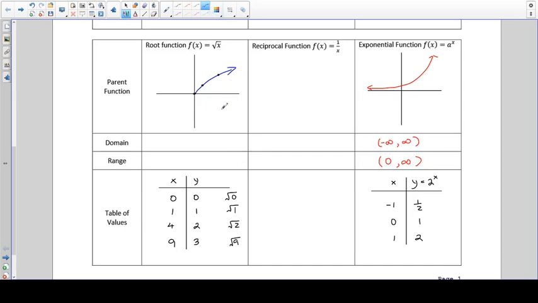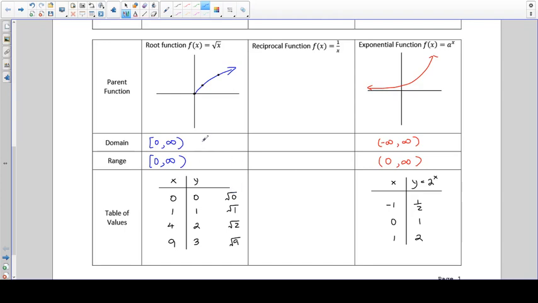So based on this graph, we can see that in terms of x values, we start at 0. We can be 0, and we keep going to the right. There is no stopping us once we start moving to the right, but we have to start at 0. In terms of the y values, the range, again, we can be anything up high, but we have to stop at 0.